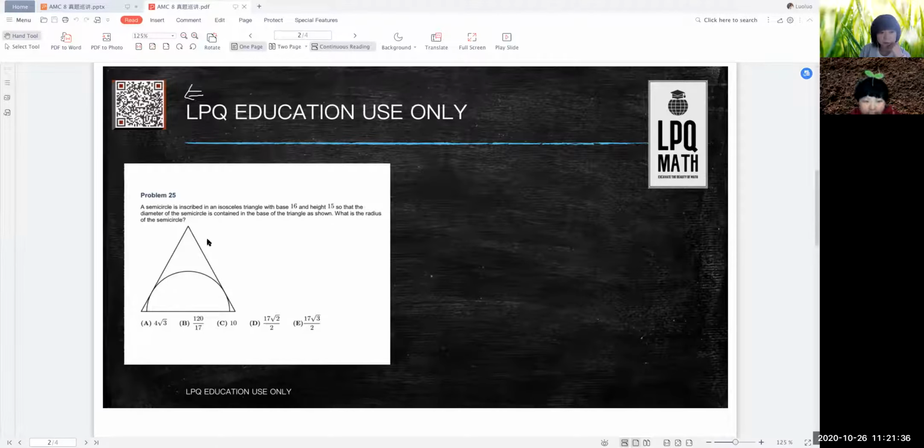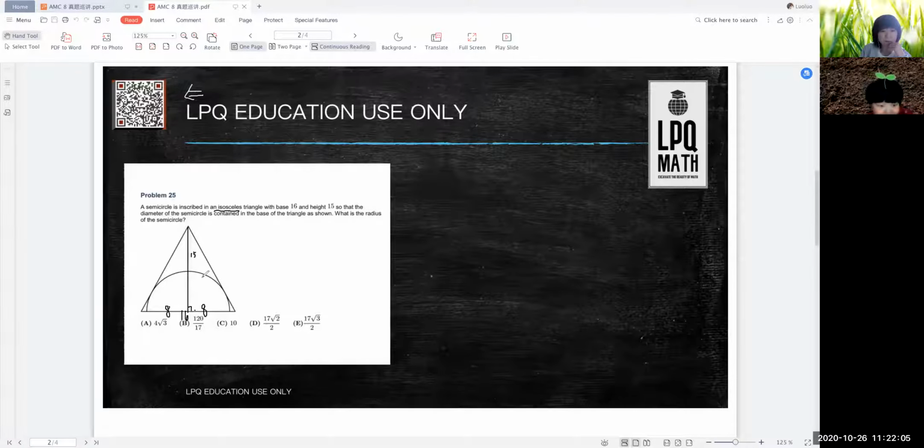The semicircle is inscribed in an isosceles triangle whose base is 16 and height is 15. When I'm reading these questions, I will probably put a 16 and a 15, because the height is 15. And because it is an isosceles triangle, I know this part is 8 and 8.